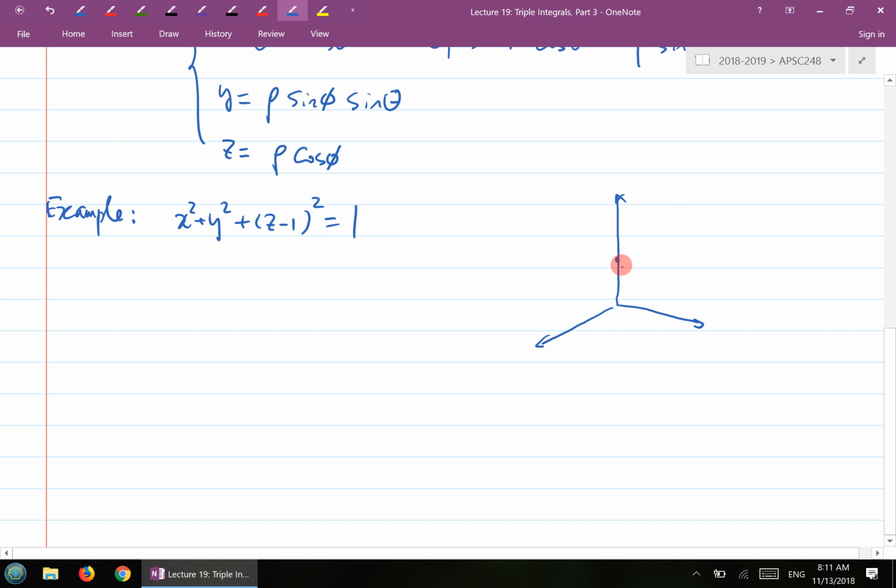If this is the point (0, 0, 1), and the radius of the sphere is also 1, then basically you can draw a sphere. That's not a good drawing. Centered around (0, 0, 1). Okay, that's your sphere here.